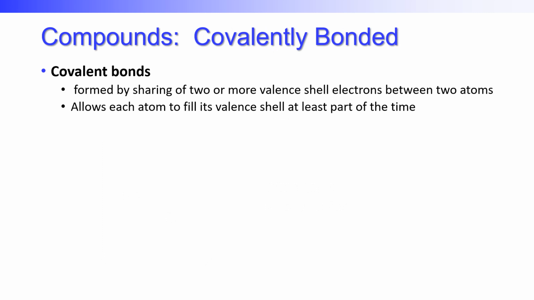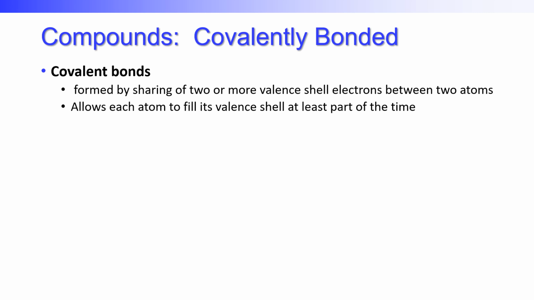Now, ionic bonds are not the only way that we get compounds. We can also form compounds or molecules through covalently bonding atoms together. So what do we mean by covalent? Well, it has to do with valence electrons, and it is specifically the sharing of valence electrons.